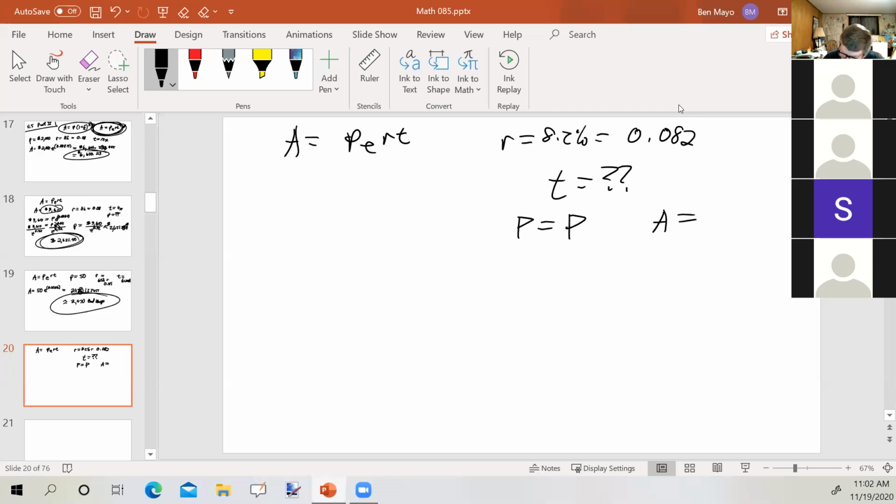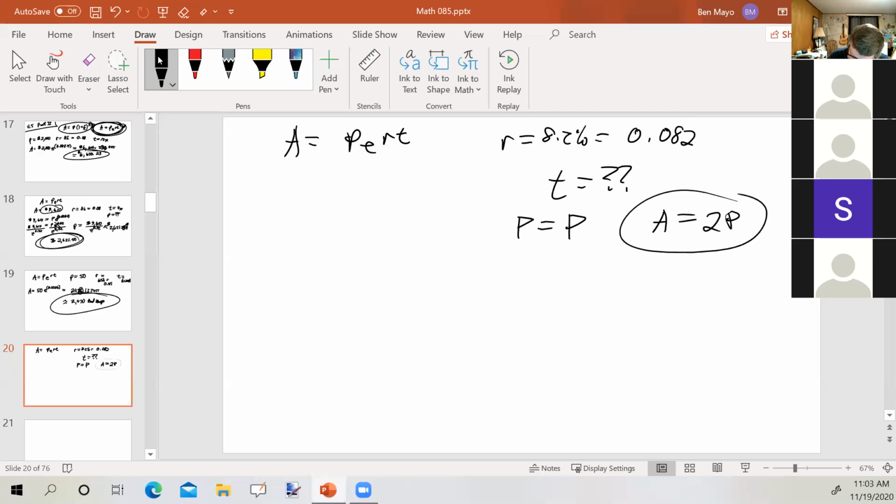Two P. 2P. So the final amount, A, whoops, I wrote it wrong. A equals 2P. Now, you might be going, well, we still don't know what it is. We aren't going to need to know, as you will see.